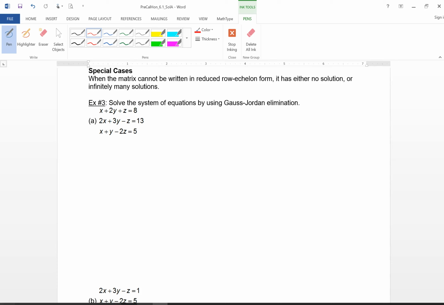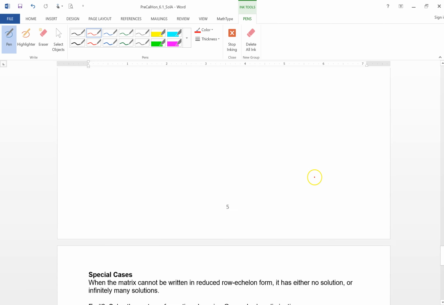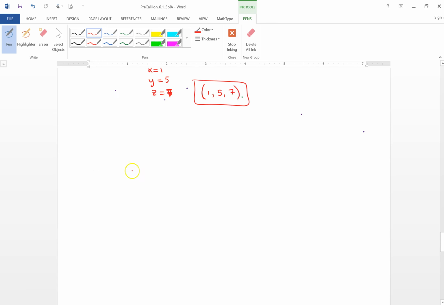So remember that when you are trying to find the solution of a system with 3 equations and 3 unknowns, each of those equations represents a plane. So in this case, the 3 planes meet at a single point in space.